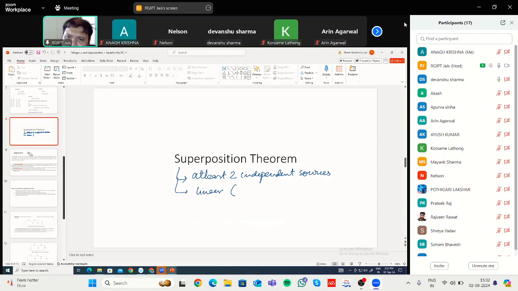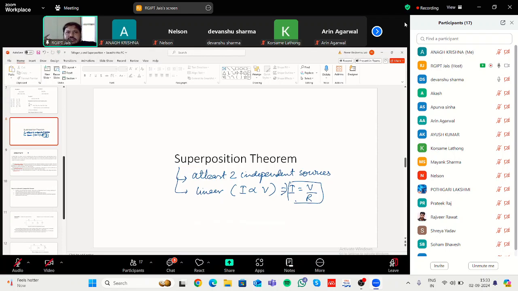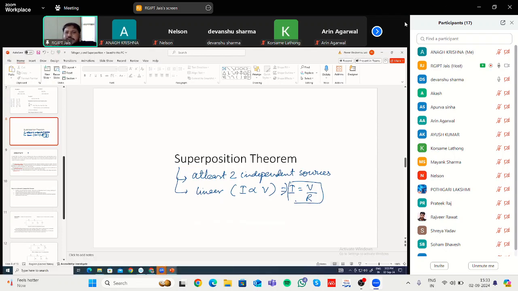So I will be directly proportional to V. If you want to replace this proportionality sign, I will be equal to V by R, or V equal to I R. So a linear relation between I and V. In a diode, it is not the case, so that's why it is a non-linear element. You cannot apply superposition theorem in a non-linear element.